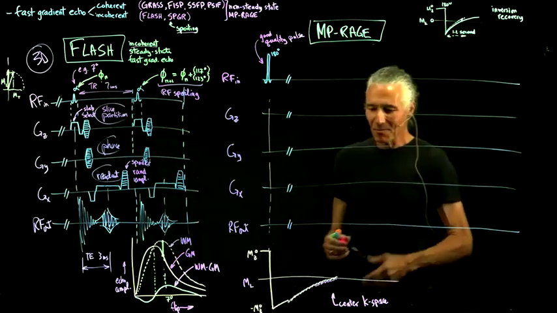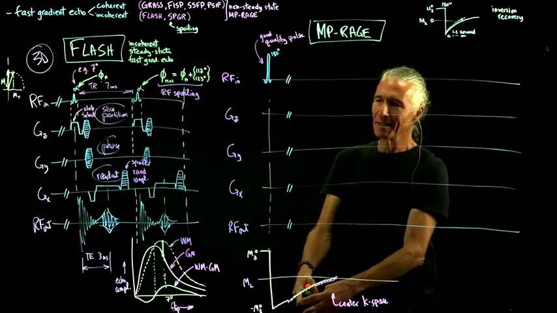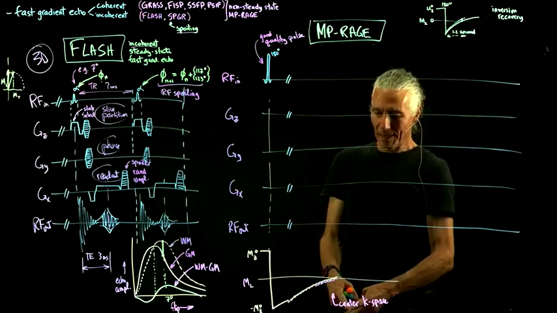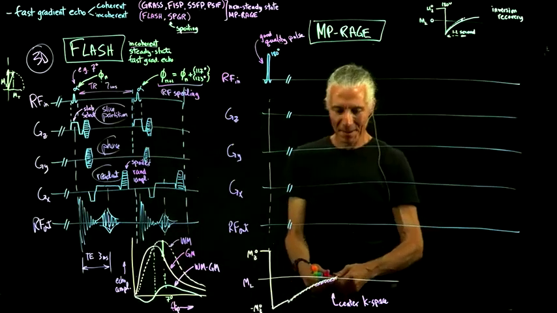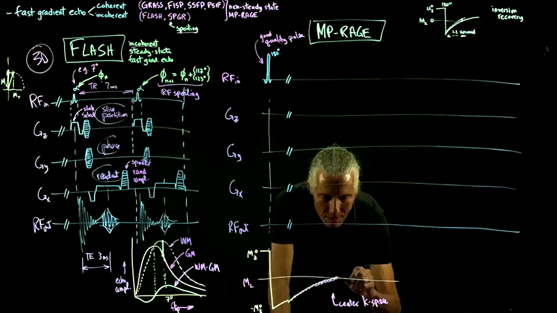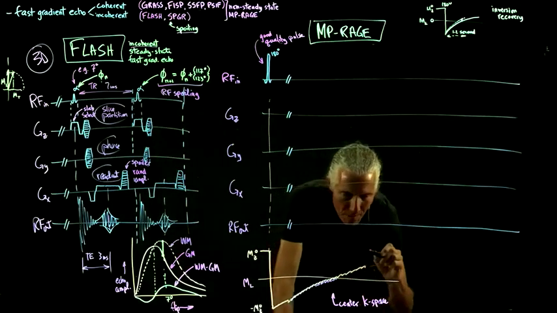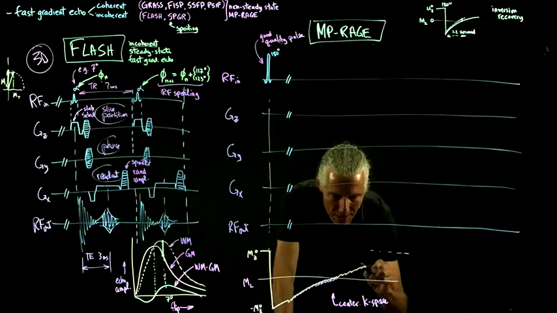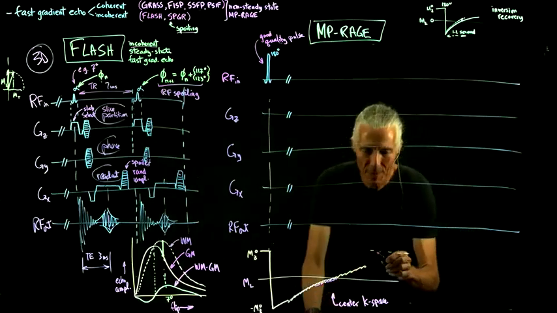But it's kind of weird, because what you're doing is recording some spatial frequencies that are not at the center of K-space with different contrast. And then you keep going for a while and record more, but you still haven't gotten up close to here, and then stop recording.